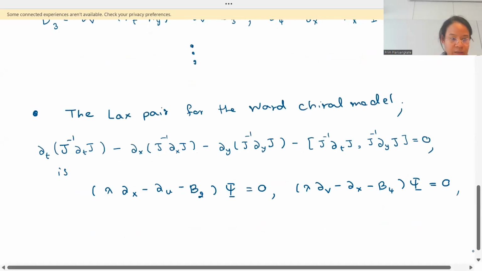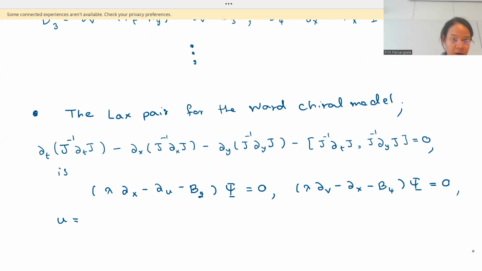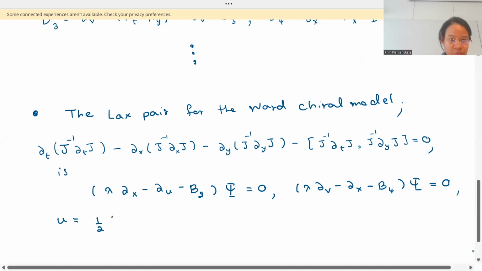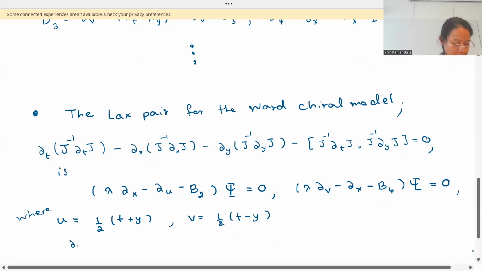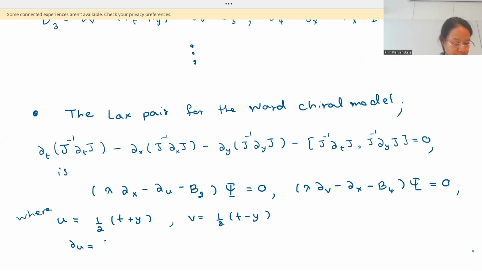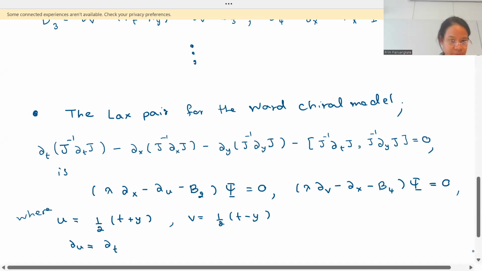Okay. Where U, we change the coordinates, so U is half T plus Y, and V is half T minus Y. And then curl U is this.